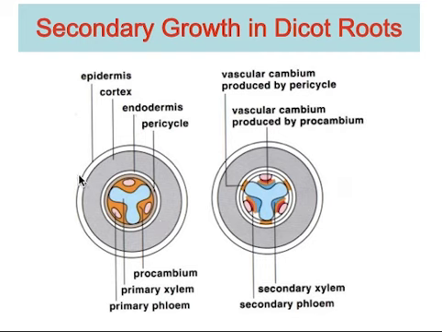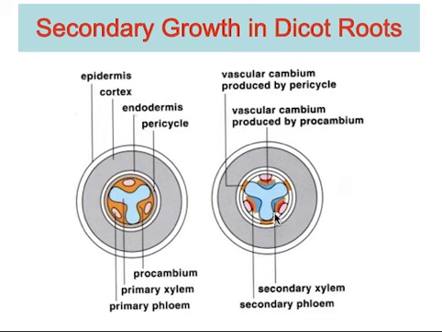So that means it makes the diameter thicker by additional vascular tissue. Initiation of secondary growth occurs when the cells in the residual procambium and part of the pericycle begin to make periclinal divisions.